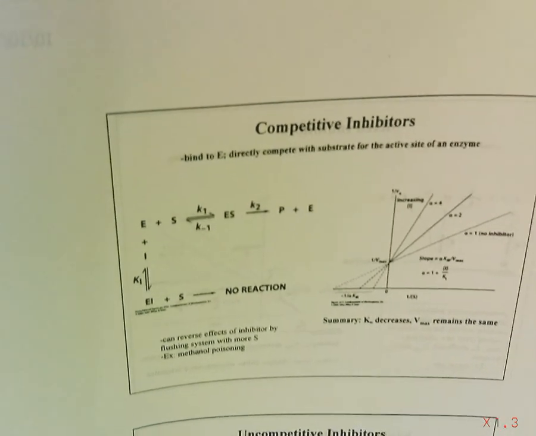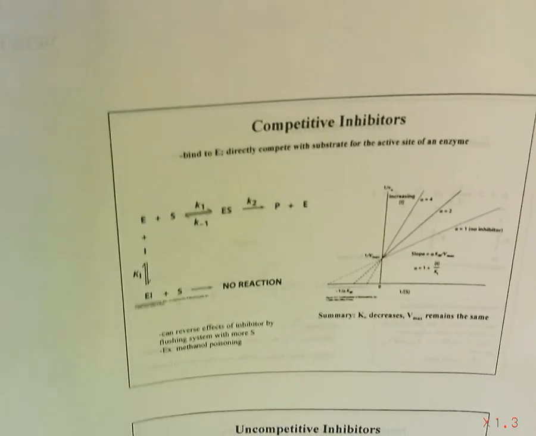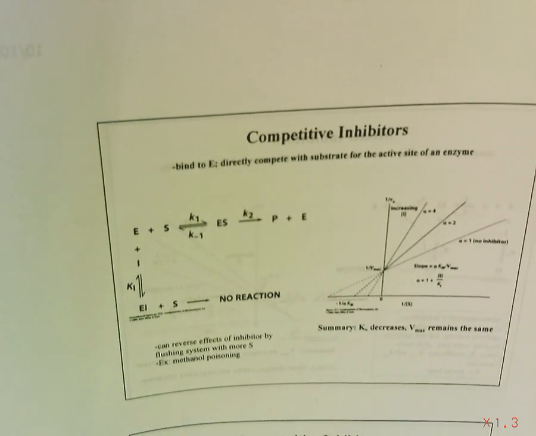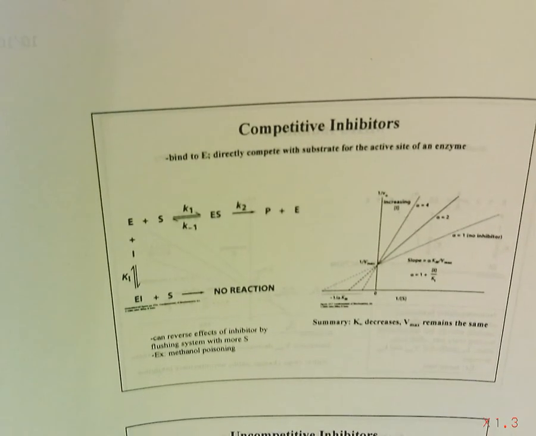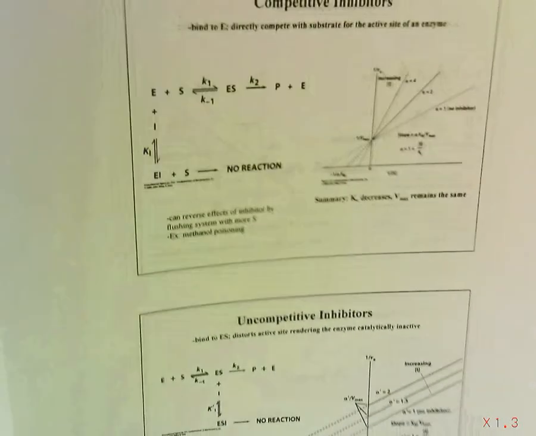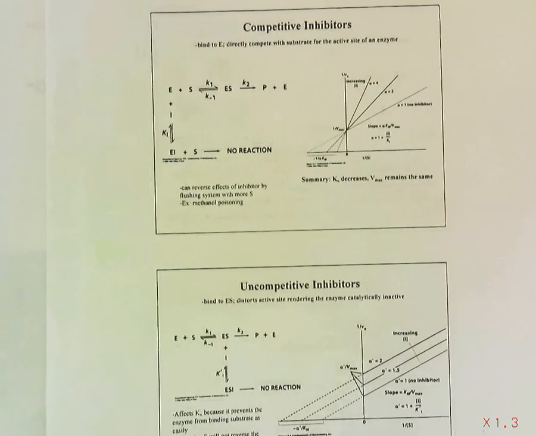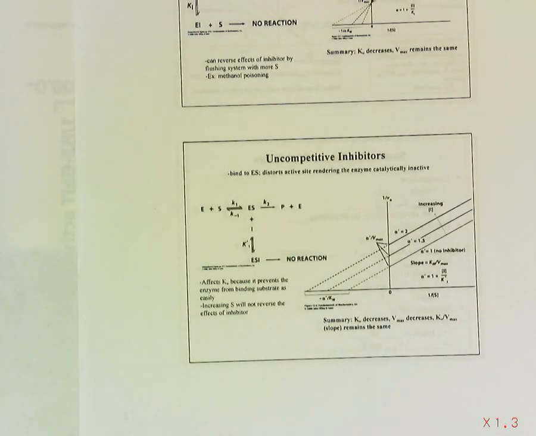Yeah, but it's negative 1 over Km, so the denominator is getting smaller to make the number a smaller negative, which makes it closer to 0. But then uncompetitive, as you add inhibitor, they have to be the opposite. Yeah, let me look. Let me see if I can come up with a better way to explain it.